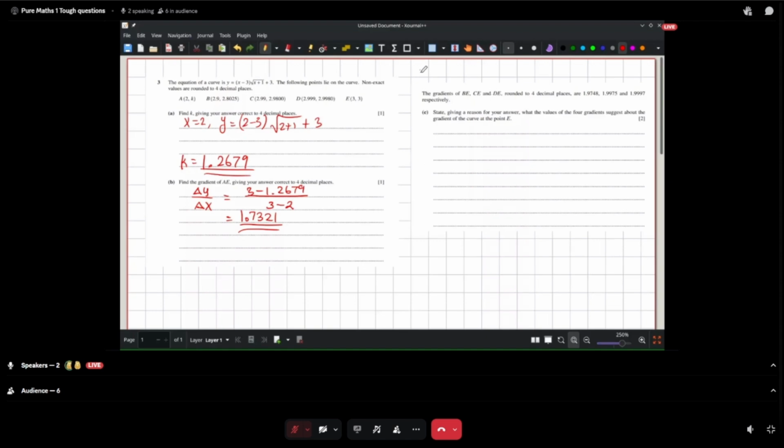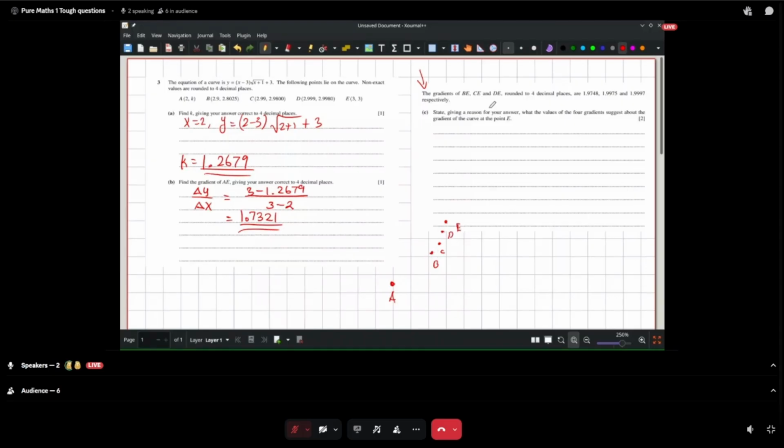Okay. Now this is the main part of the question that can throw people off. And it's not even calculation or formulas or anything. It just asks, what do you understand about the derivative? I'll actually plot all of these points. A is there, B is here, C is here, D is here, and E is here.